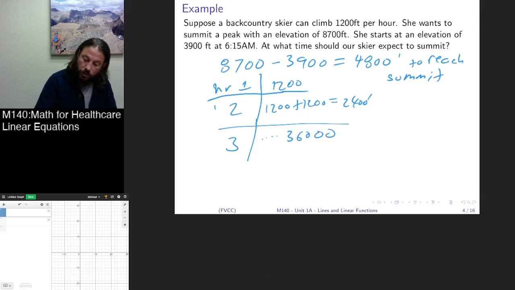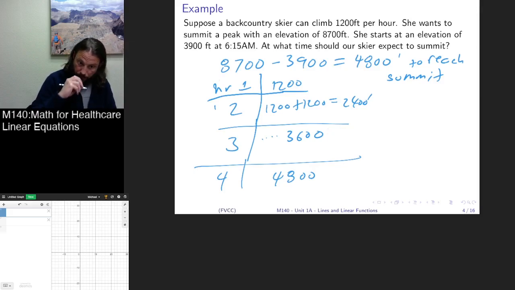We're going to need one more hour, hour 4, and this brings us to 4,800 feet. So it takes us 4 hours to reach the summit. So we'd assume 10:15 a.m.